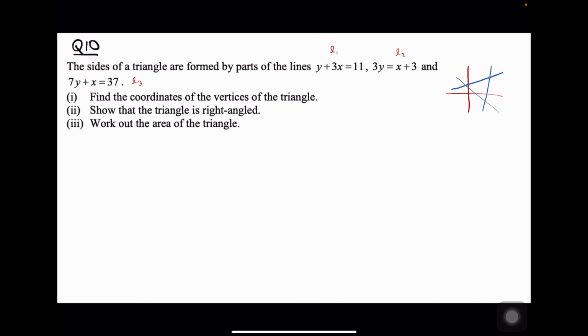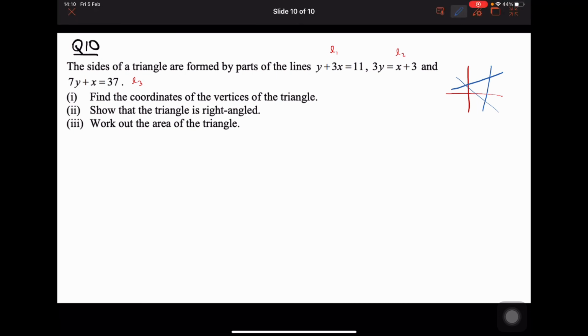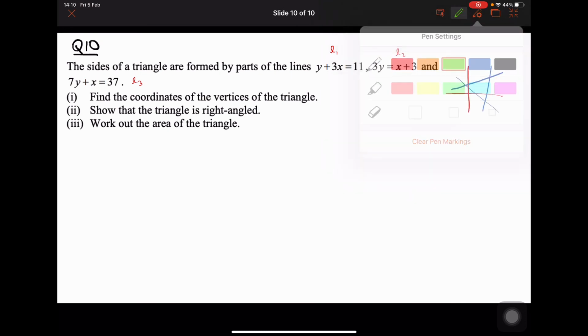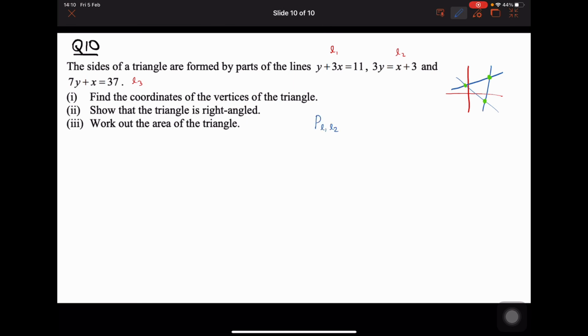So we need to find the coordinates of the vertices of the triangle, and whenever you have this type of situation, these 2 lines intersect at this point, these 2 lines intersect at this point, and these 2 lines intersect at this point. So we'll need to find those 3 points of intersection. So I'll write P, L1, L2.